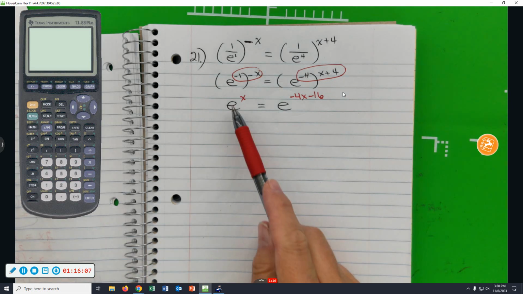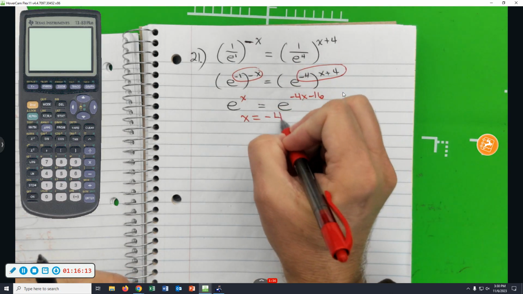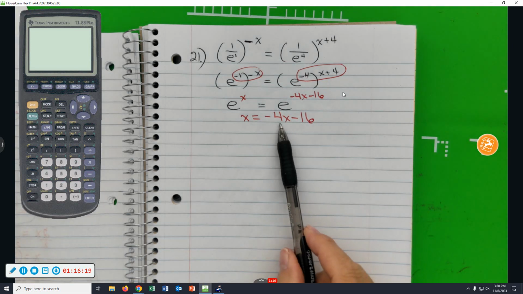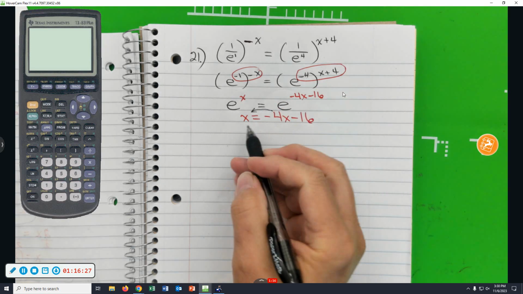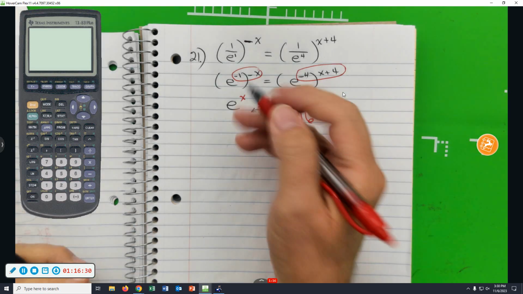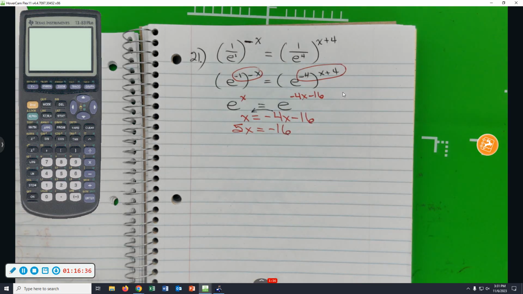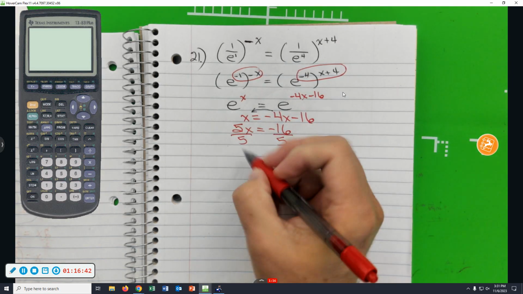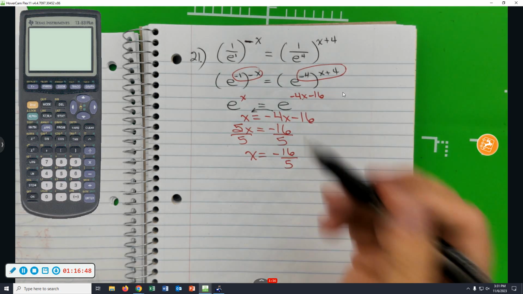And now we can drop the bases, set the exponents equal. I would move this over by adding 4x. 1x plus 4x gives me 5x equals negative 16, and then divide by 5 to give us x equals negative 16 fifths for my final answer.